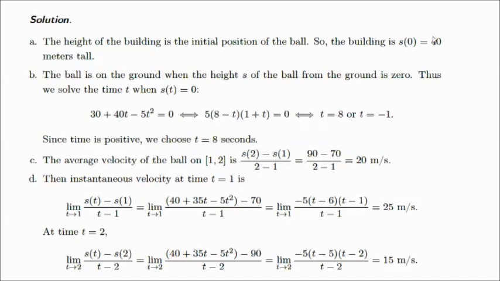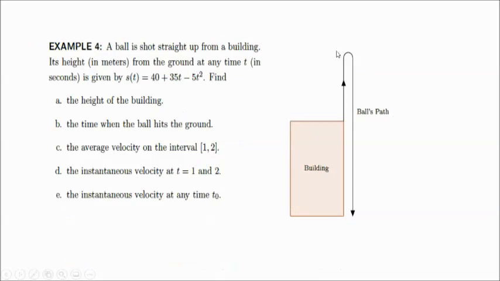Get? So therefore, S of 0 tayo. Kung S of 0, 40 siya. Yung 40 dito, it makes sense kasi sinama yung height ng building, di ba? So ito lang yung actual na position function ng ball. Ito na yung height ng building, 40.